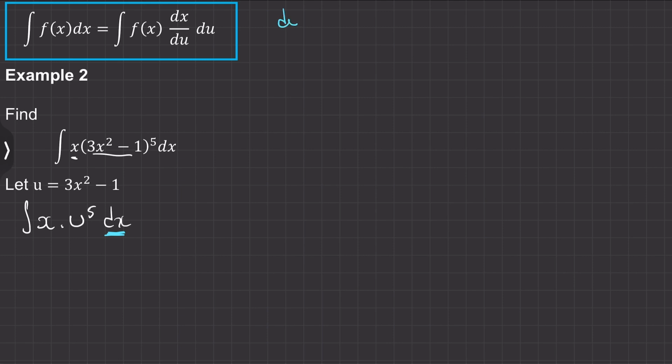Well, if u is equal to 3x squared minus 1, then du by dx will equal 6x. So therefore, dx will equal du over 6x. And we'll substitute this back into our dx here.